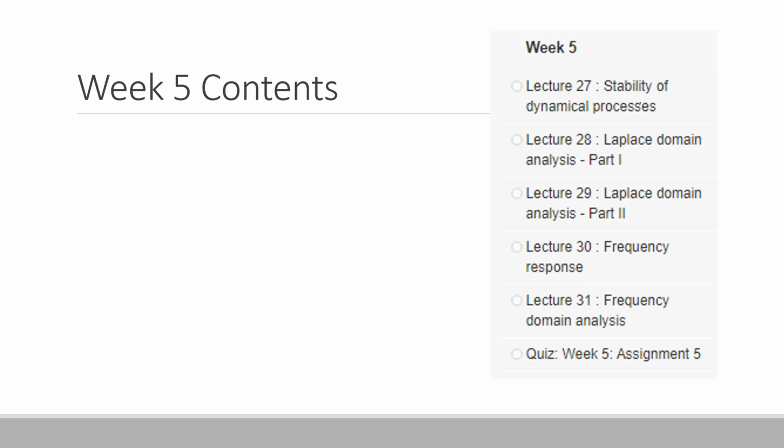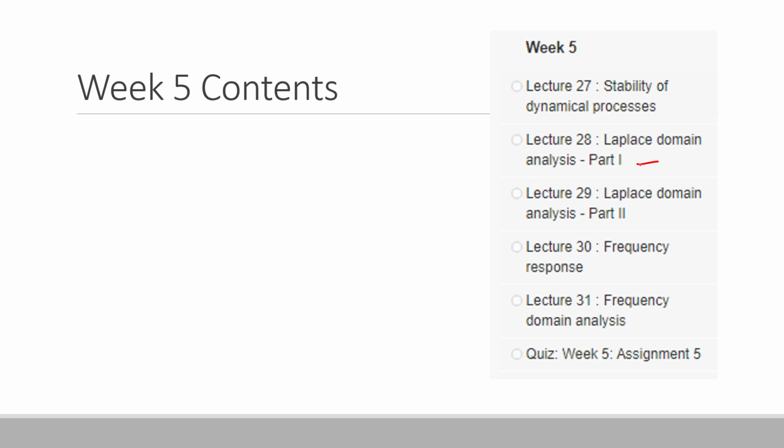First we'll study what we mean by stability of dynamical processes. There are different kinds: marginal stability, asymptotic stability, and basically unstable processes. Then we will study the Laplace domain analysis.